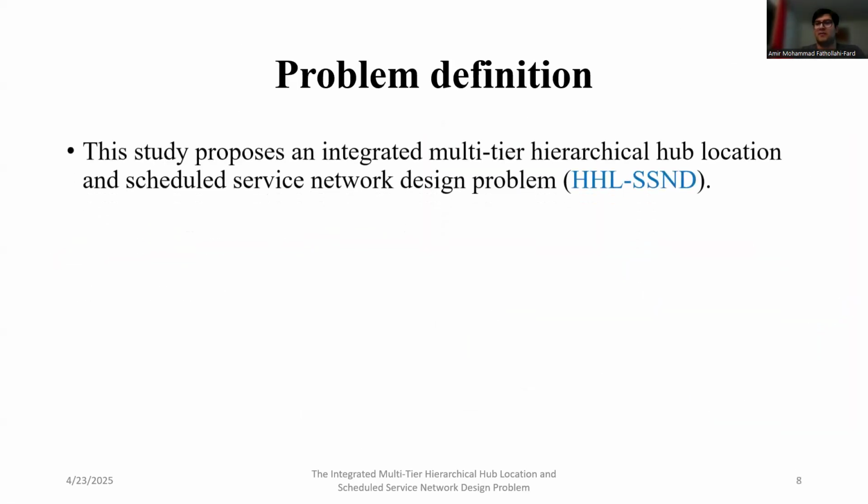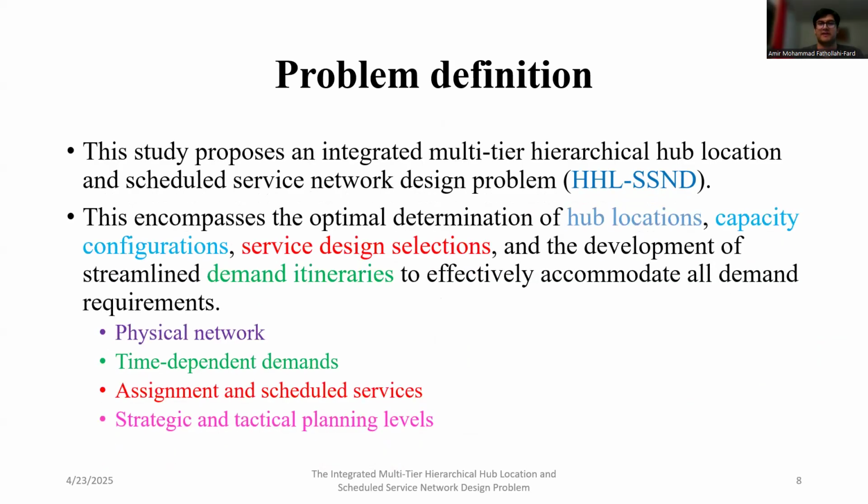To define this problem more mathematically, I would like to highlight that the proposed problem, which is an integrated hierarchical hub location and scheduled service network design, aims to determine the optimal location of the hubs, both secondary and primary, and their capacity configurations, which will help us provide an additional or extra capacity for the hubs.